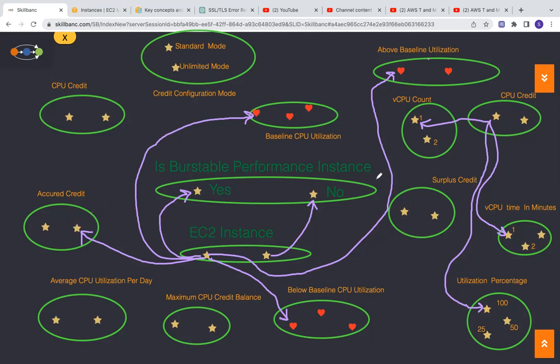And if the accrued credits are not there and the instance traffic comes, a lot of people are coming, it will keep giving you some credits, and later when it accrues, it will be subtracted from the surplus that was spent, and that would be calculated by day, and you will be billed if you spent more, and you didn't have the accrued credits, and the average is also not below the baseline, because of which you did not accrue, and you will be billed for that extra spent utilization of the CPU.